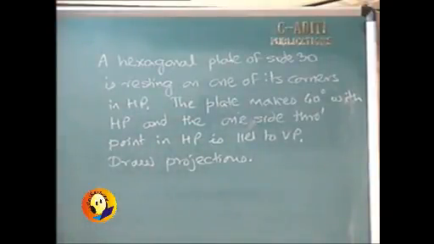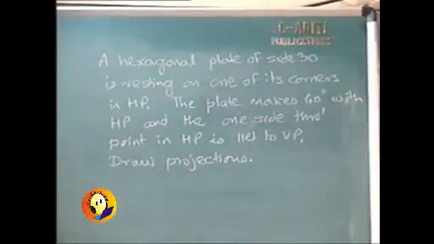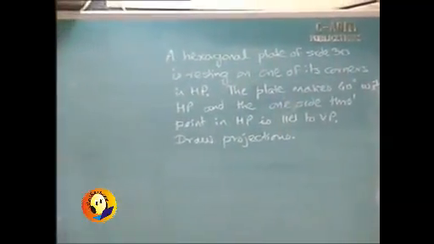In this case, we know that the lamina should be kept in HP, but then this hexagonal lamina should be put in such a way that the line of rotation is perpendicular to XY.